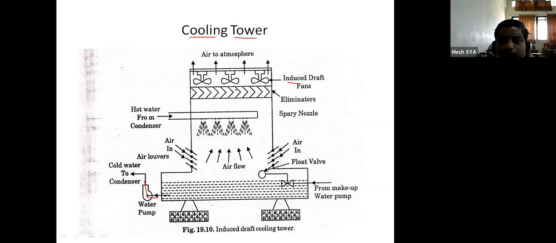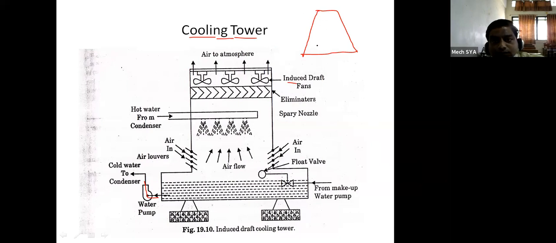If you go to a steam power plant, near the condenser there are tall buildings. One of them is the chimney, and another of this kind of construction is the cooling tower. Generally it is of hyperbolic type. Why?